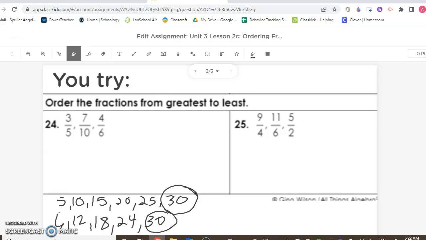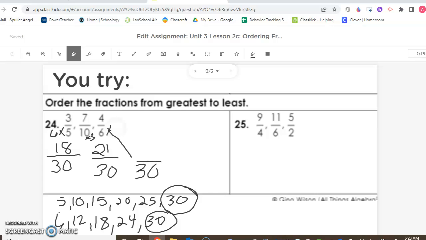Okay, so we're going to change all these. So 5 times 6 is 30, so 3 times 6 is 18. 10 times 3, so 7 times 3 is 21, and 30 again. 6 times 5 is 30, so 5 times 4 is 20.